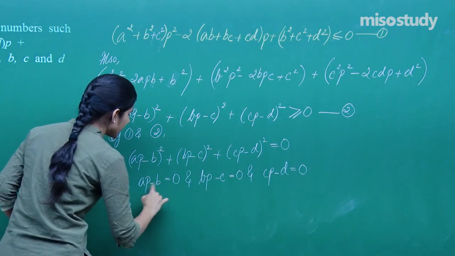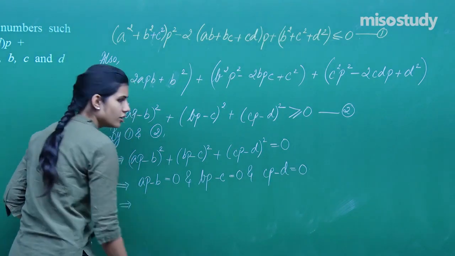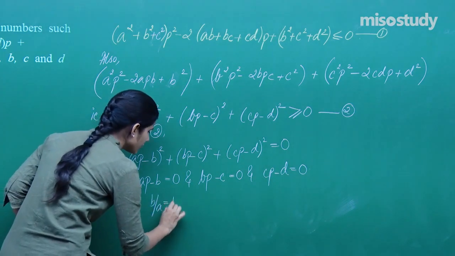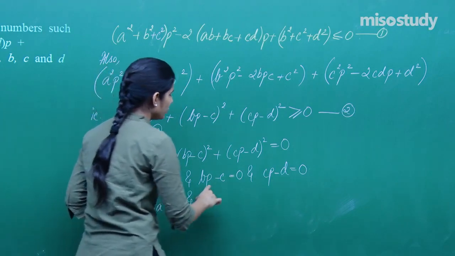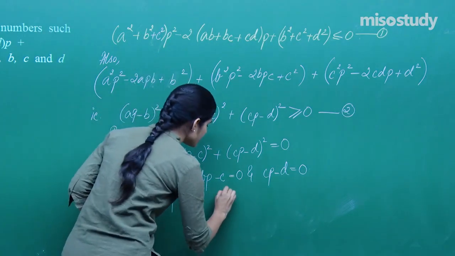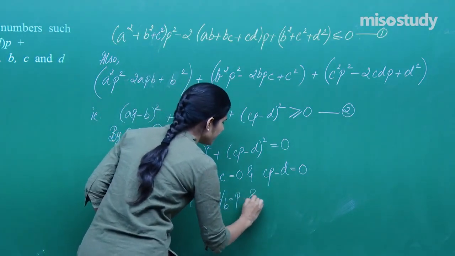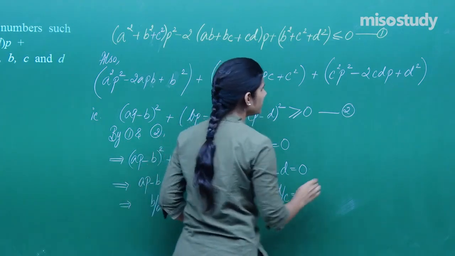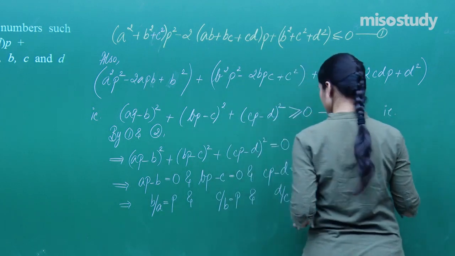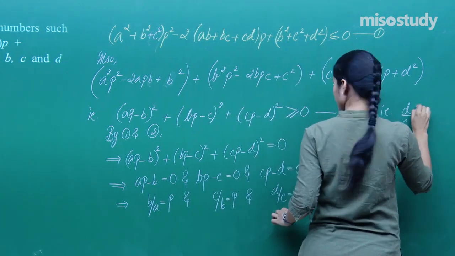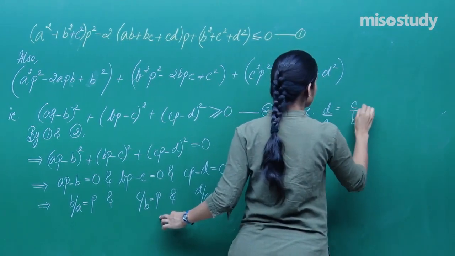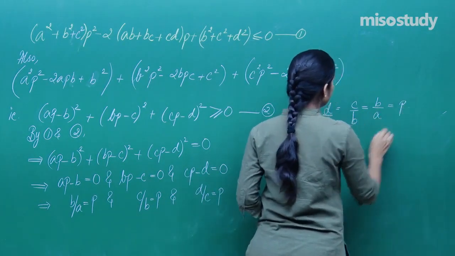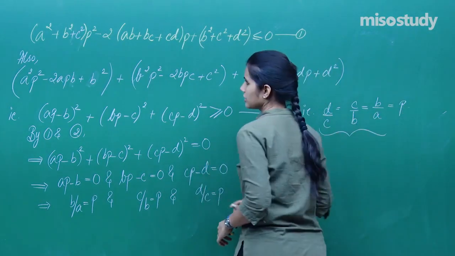This implies AP is equal to B, or what I can say, B by A is equal to P. Then you have BP is equal to C, or C by B is equal to P, and CP is equal to D, or D by C is equal to P. That is D by C equals C by B equals B by A equals P. This means what?